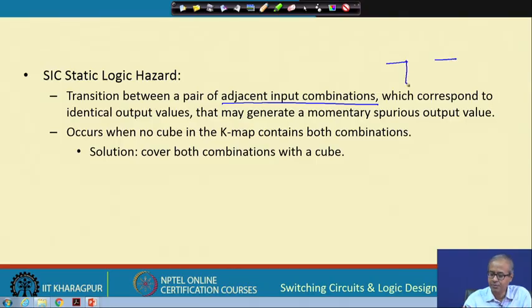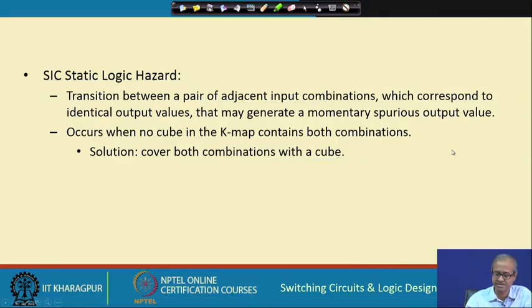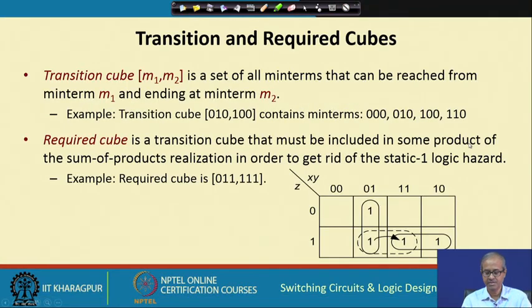It may temporarily generate a spurious output value, a glitch, and this occurs, as I just said, with respect to the Karnaugh map, when no cube in the Karnaugh map contains both combinations, which was shown in the dotted way. The solution is to cover both combinations with a cube, which we actually did, and in the final solution there is no hazard. So, let us continue with the discussion.